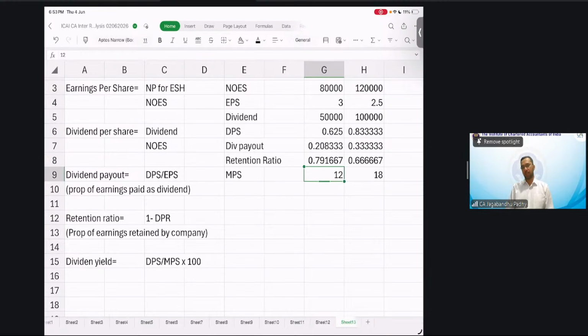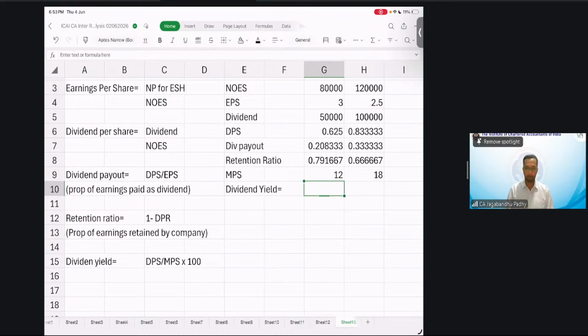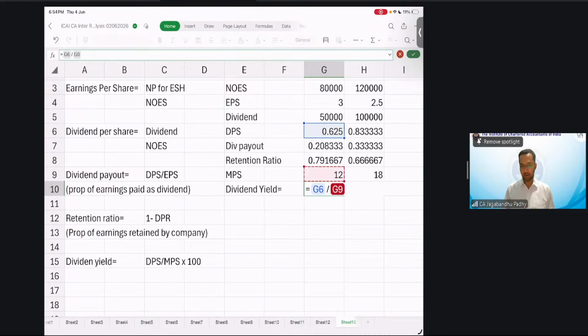And by paying an MPS of 18 rupees, you're getting a dividend of 0.8333. So what will be the dividend yield, guys? Dividend yield will be DPS divided by MPS, 0.625 divided by 12.